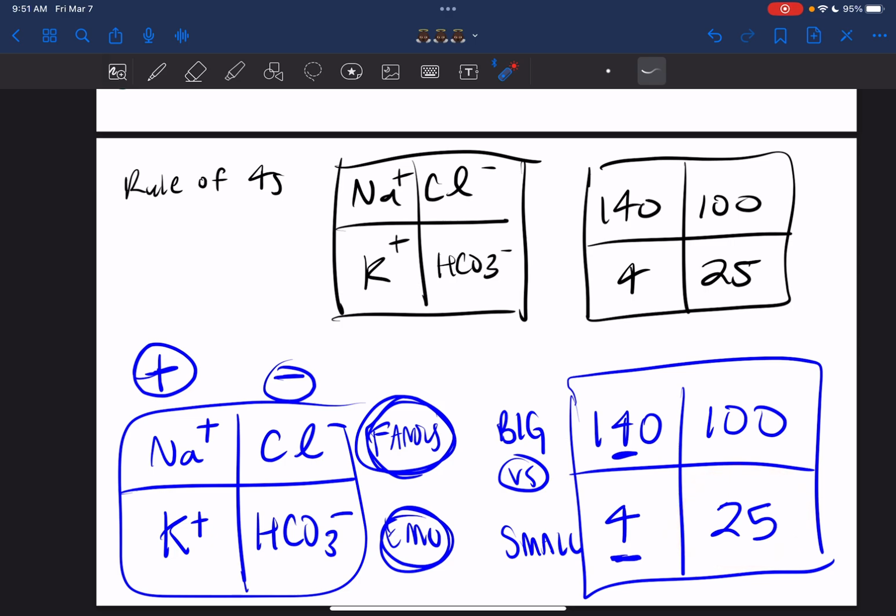So the way the rule of fours goes is it alternates. On your big pair, you have a 4 thing, and then you have a thing that's not 4. Then for the small pair, you have your 4, and then you have a thing that's not 4. Even though I say not 4, it's like a fake 4, because this one is minus 40, right? You had 140, then you do minus 40. So it is kind of 4 in a way.